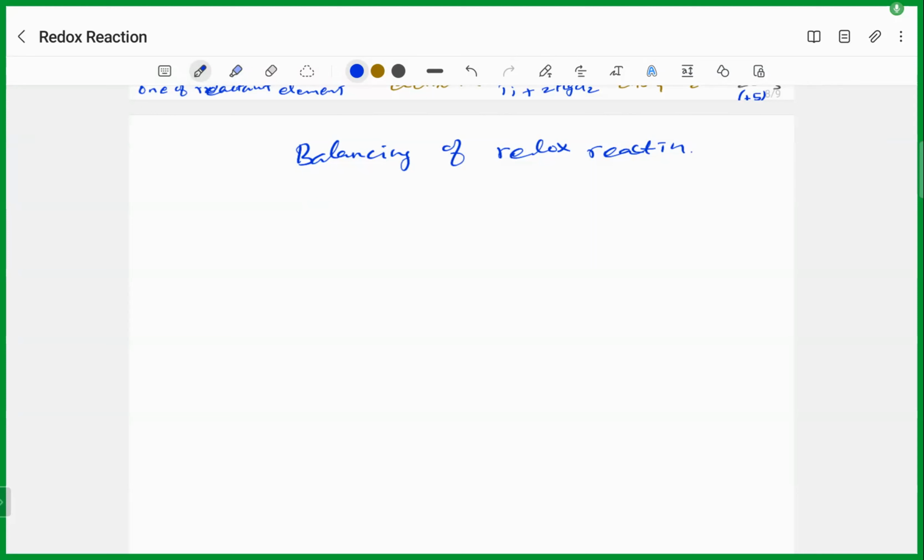Sorry, totally 4 P4, 3 plus 1 is 4, 12 OH minus, the common terms on opposite sides. That is not correct, so we have to divide by 4.